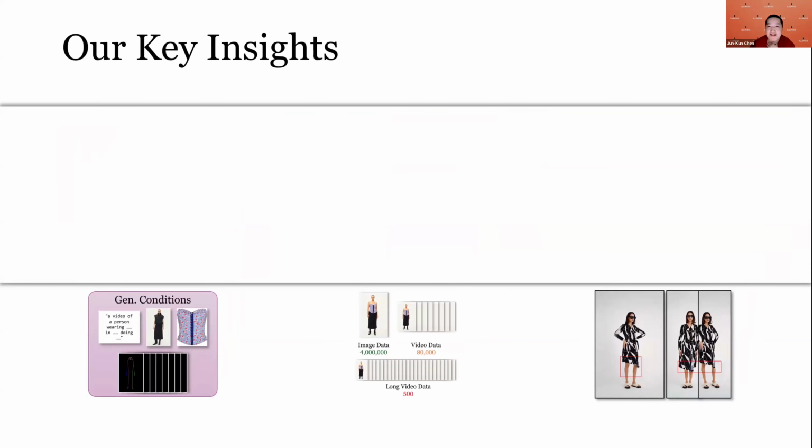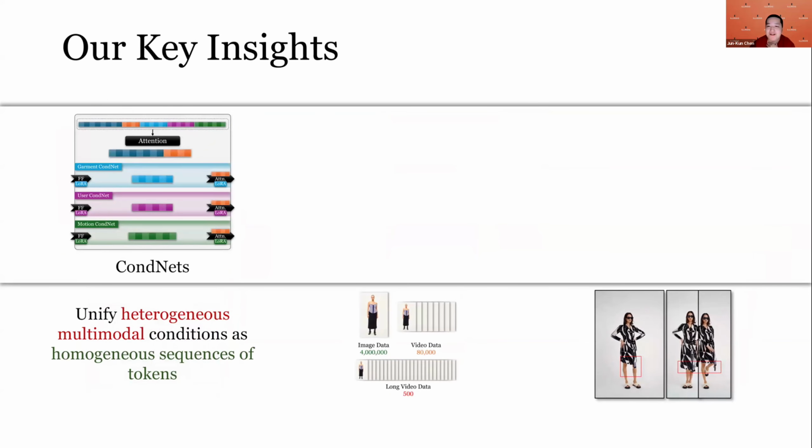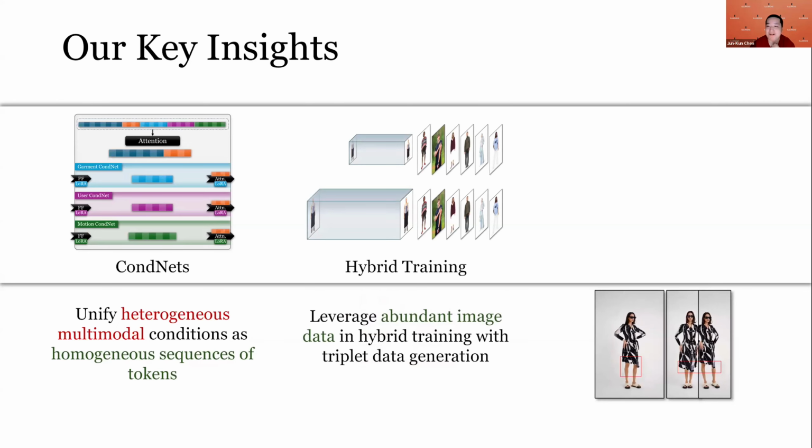To address these challenges, we introduce 3 core designs. First, we propose CondNet, a general framework that unifies heterogeneous input into a single homogeneous token sequence, which is compatible with any transformer-based model. This enables the generator to consider all of these conditions jointly while respecting their distinct roles. Also, to leverage abundant image data, we propose a hybrid training strategy that improves data efficiency.